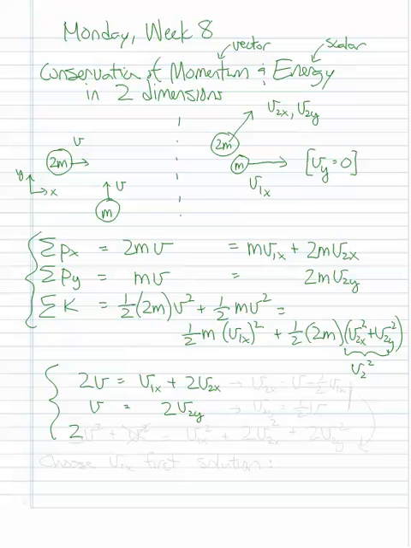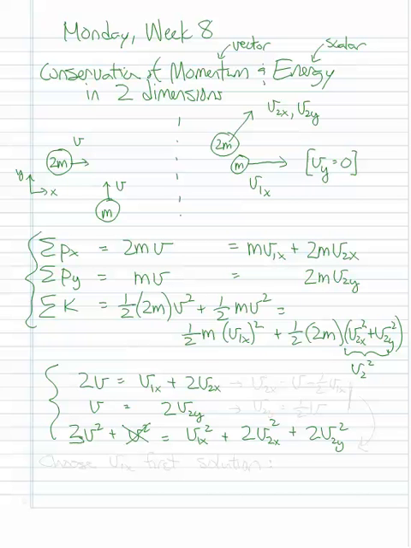Okay, and then 2v squared plus v squared is equal to v1x squared plus 2v2x squared plus 2v2y squared. Okay. It actually makes more sense to combine these together, so I'll make this a 3. Here we go. Okay. Well, I can tell I'm going to have a quadratic, which is kind of a bummer, but, well, I can deal with that.